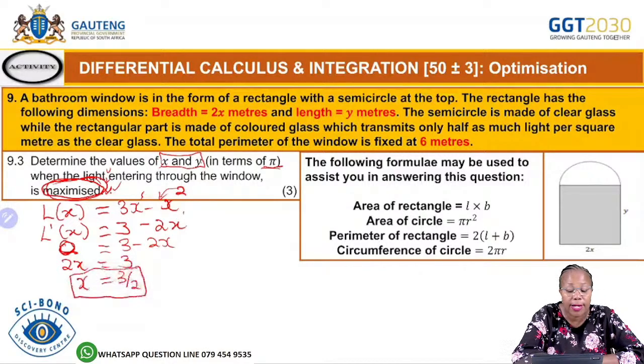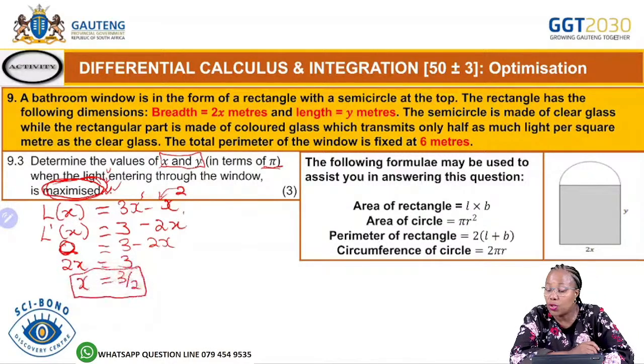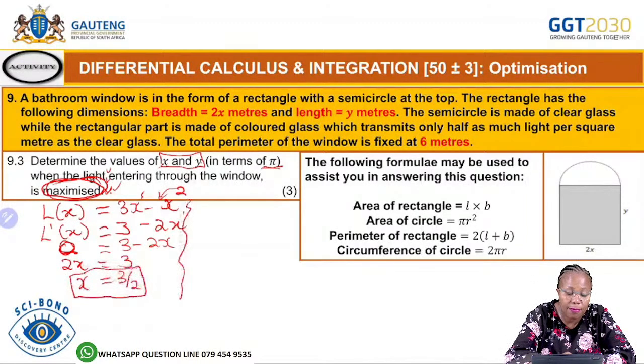Remember, we are looking for x and y. In order to get y, we can take that formula. You remember y from 9.1, it says y is equal to 3 minus x minus pi x over 2.